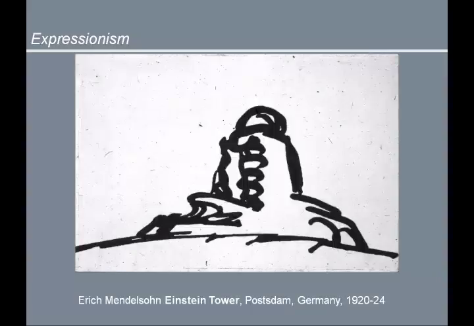Mendelsohn also found music to be a major source of inspiration for his work, and he made drawings that in essence express the content of specific musical works. He may well have taken the words of the poet Johann Wolfgang von Goethe quite literally when Goethe said, "Architecture is frozen music."